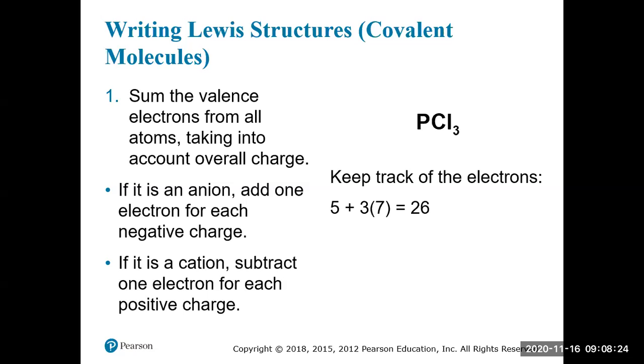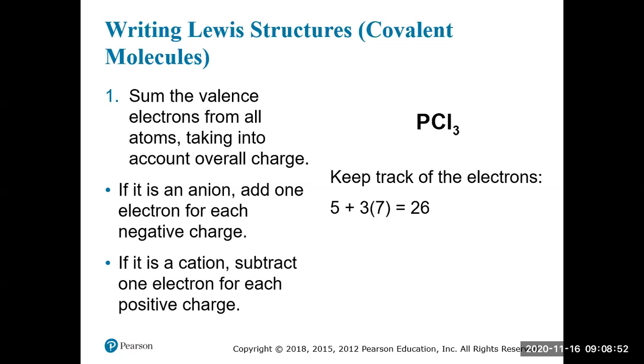If the overall charge is negative, so it's an anion, you add an electron to the total for each negative charge. If it's a cation, it has lost an electron for each positive charge, so you subtract one electron for each positive charge present on the molecule.